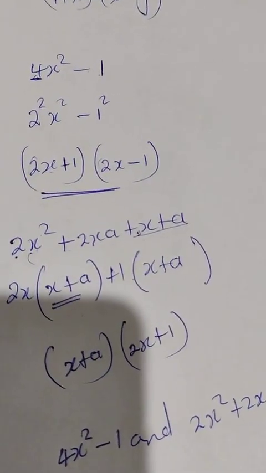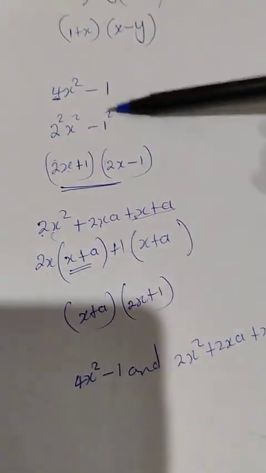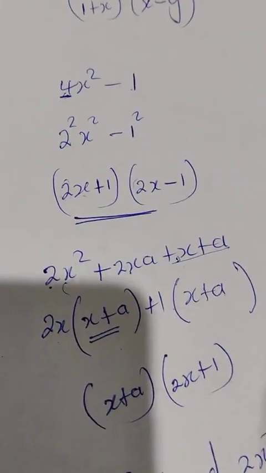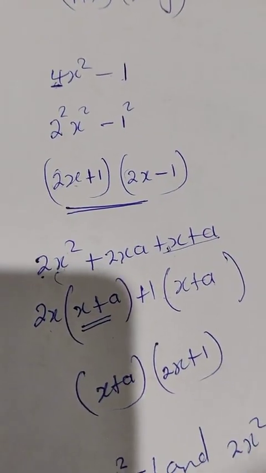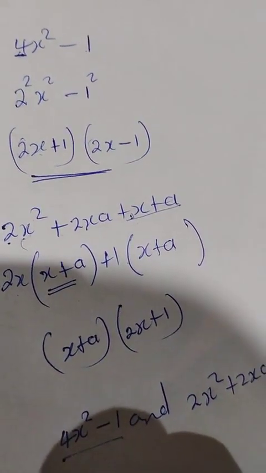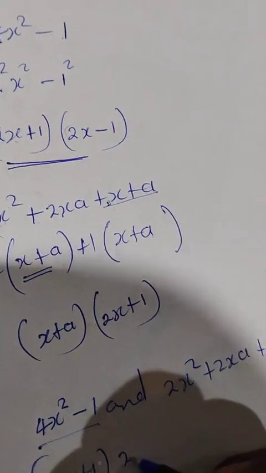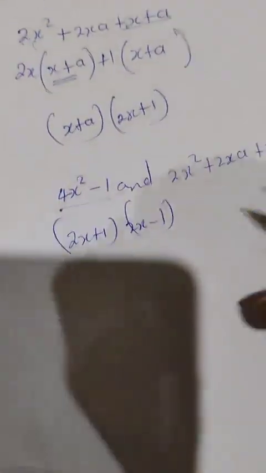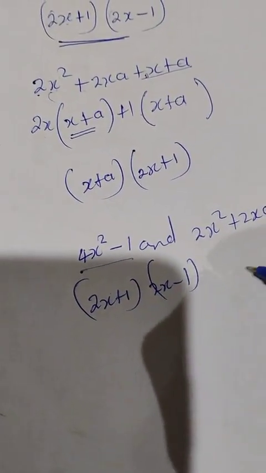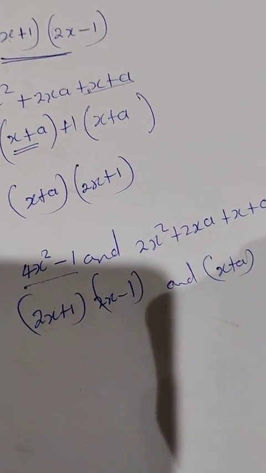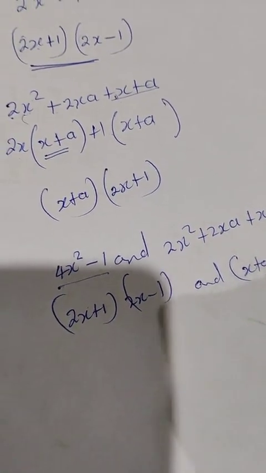And if they say hence, which means you are using the answers that you got on top, right? So after factorizing 4x squared minus 1, we got 2x plus 1 and 2x minus 1. Then after factorizing this one, we got x plus a and 2x plus 1.